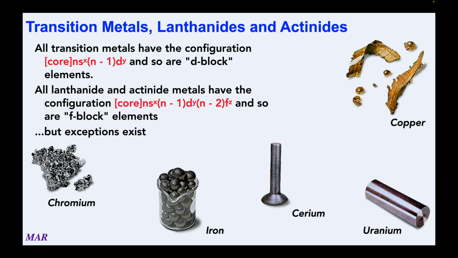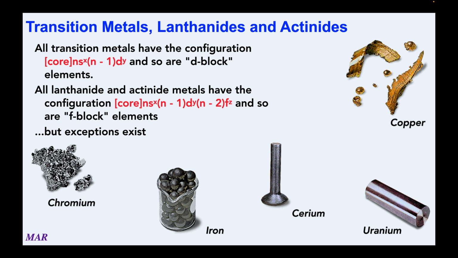When it comes to transition metals, almost all of them have some kind of noble gas core, ns x, (n-1)d y, all right? And I'm sure that's as clear as mud, so we'll show some examples of that in a little bit. Likewise, lanthanides and actinides have some kind of core, ns x electrons, (n-1)d y, so some d electrons, and (n-2)f z orbitals, but with exceptions.